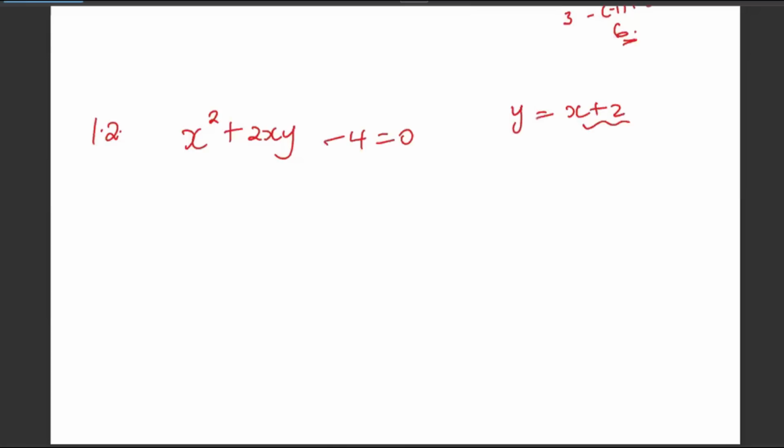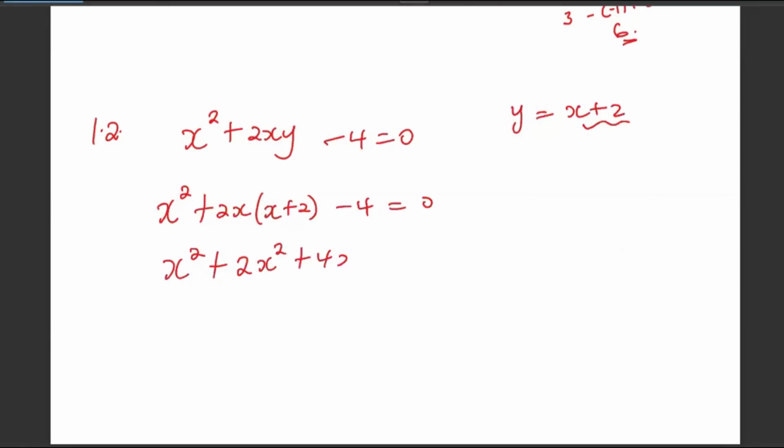So it's going to be x squared plus 2x into x plus 2 minus 4 is equal to 0. X squared plus 2x squared plus 4x minus 4 is equal to 0. That is 3x squared if we collect the like terms, plus the 4x minus 4 gives us a wonderful 0.